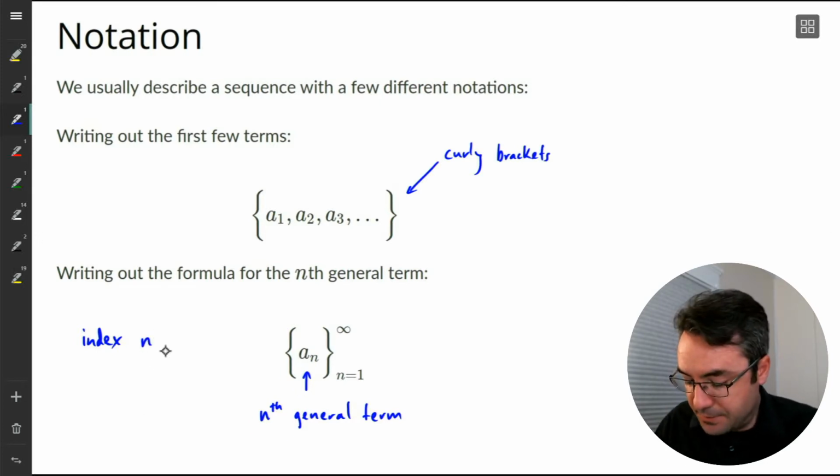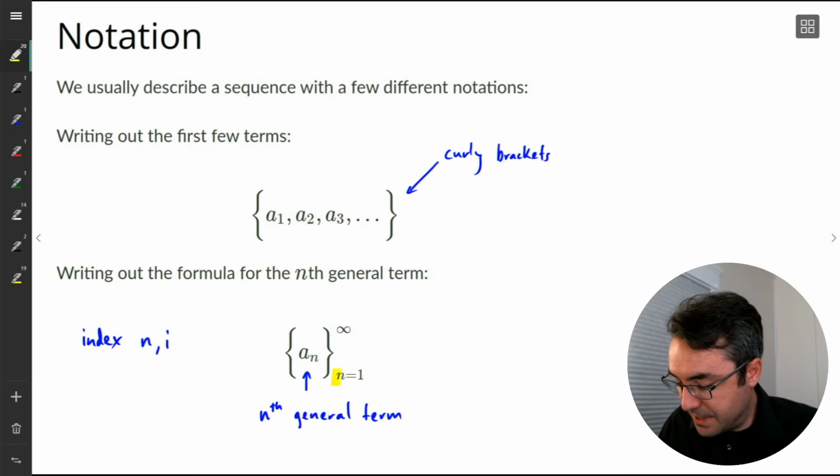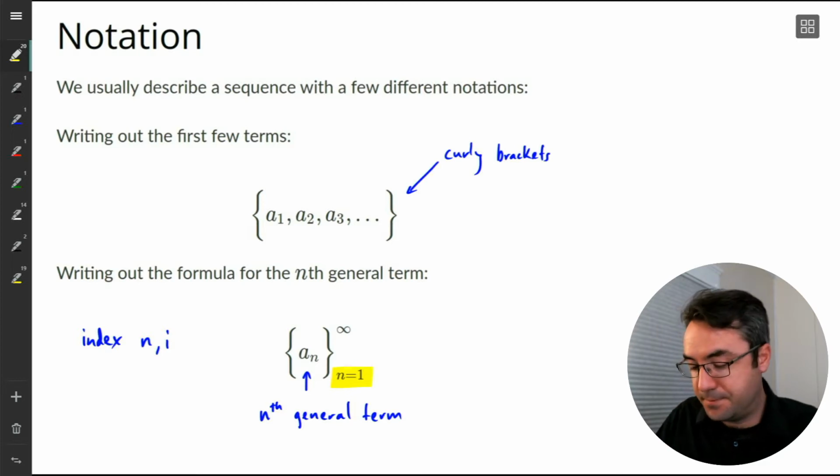We also sometimes use i, so you might see a sequence written out where we have i's instead of n's. n is normally our first choice, but a lot of times we also use i as well. And what this n equals 1 is saying is just telling us what integer our index is starting at.